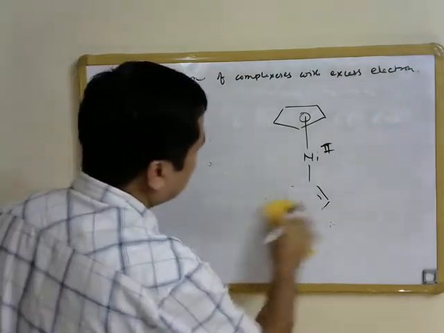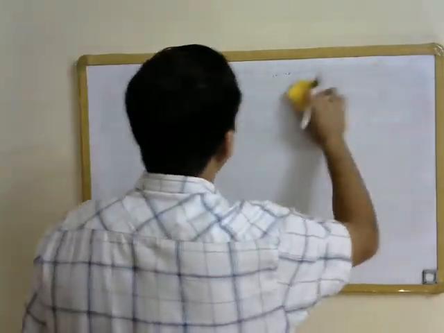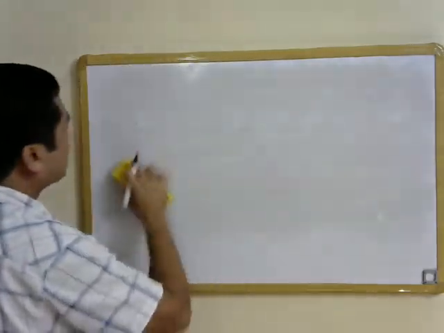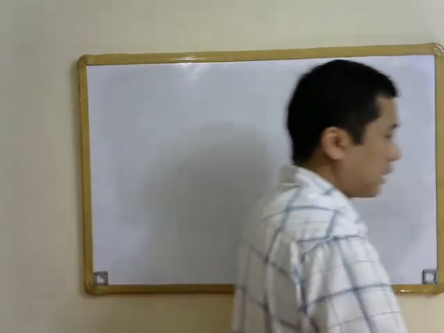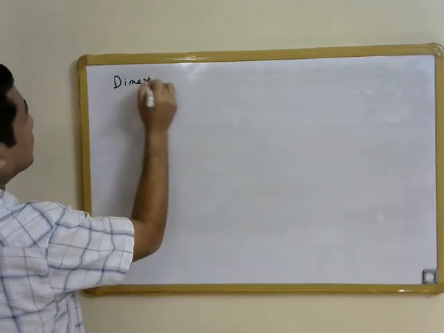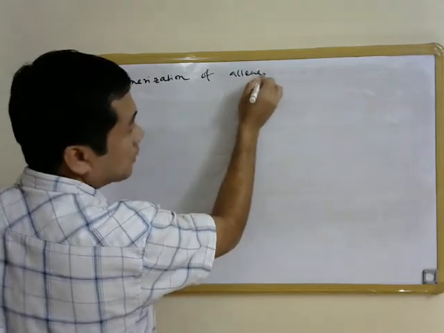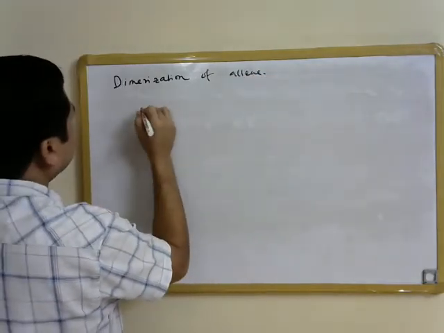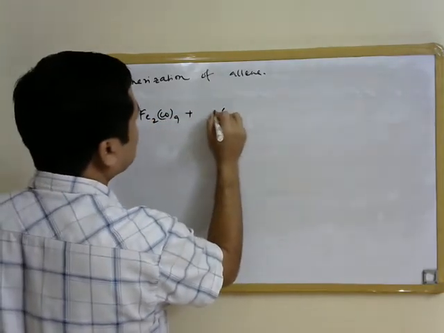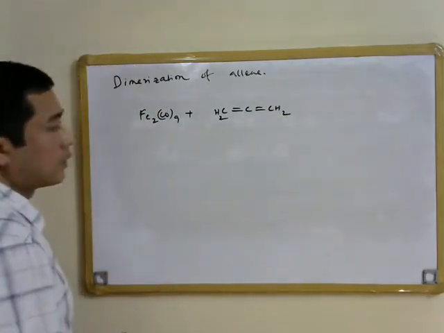Then one final method for preparation of metal allyl complexes is transformation or coupling of allyl that takes place in the presence of metal carbonyl complexes, that is dimerization of allyl. So you can take Fe2(CO)9, and when you do the reaction with allyl, it will undergo dimerization.